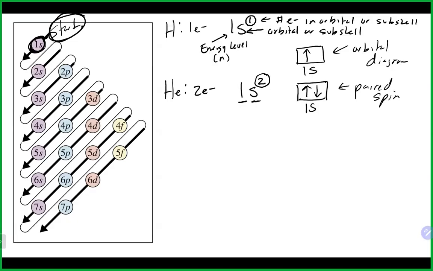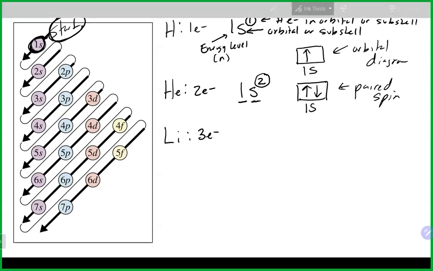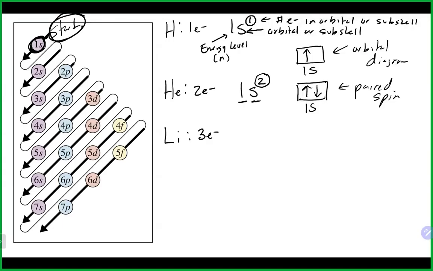I cannot. That means my next electron has to go into the next lowest energy level, and that would happen at lithium. Lithium has 3 protons, which means it has 3 electrons. Once again, we start at the top, just like we did before. We go to our 1s again, so 1s2.